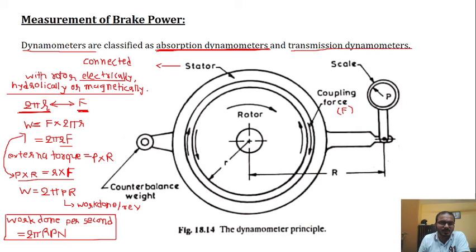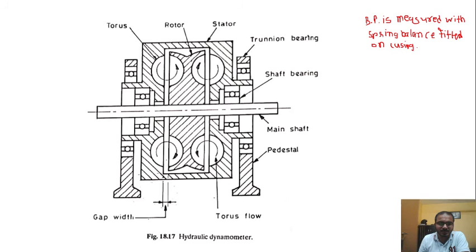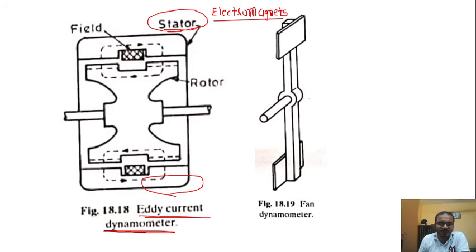The next topic was measurement of brake power, which is primarily done by dynamometers. The dynamometers are of two types, absorption dynamometer and transmission dynamometer. Then we discussed Prony brake, rope brake, hydraulic dynamometer, eddy current dynamometer and fan dynamometer.